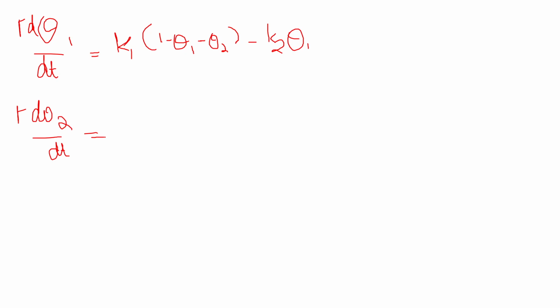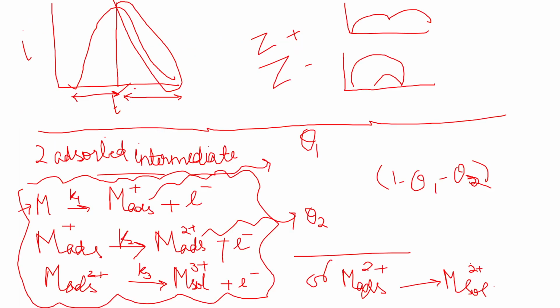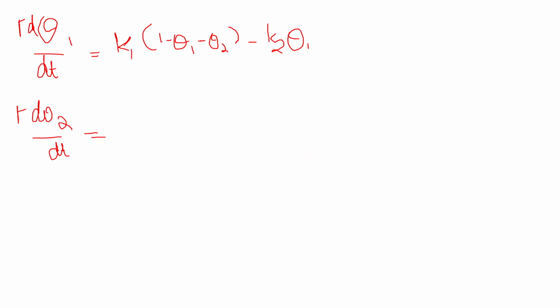In the first equation, you have written minus K2 theta 1. So when it comes, plus K2 theta 1. Okay, so you see, what are you doing here? You are doing the site balance for the first species, right? That is MH plus. Even in chemical engineering, when you are forming something, the rate of generation is positive, and the rate of consumption is negative, right?